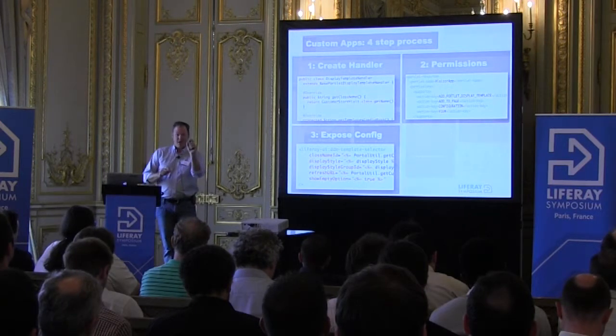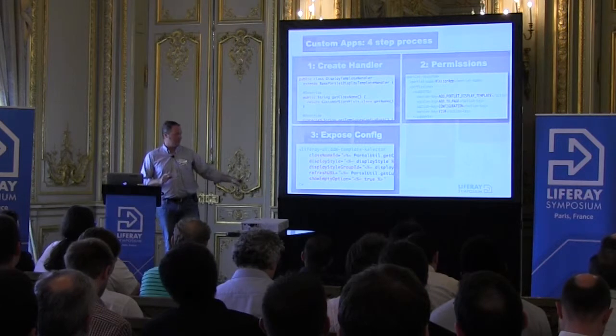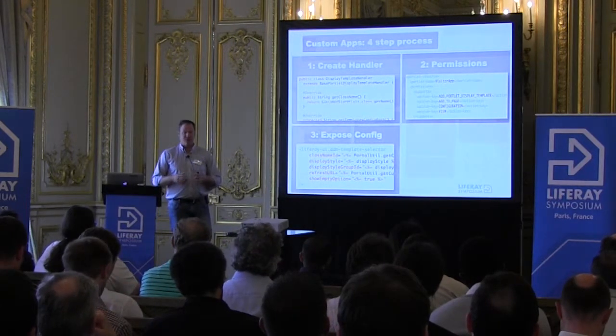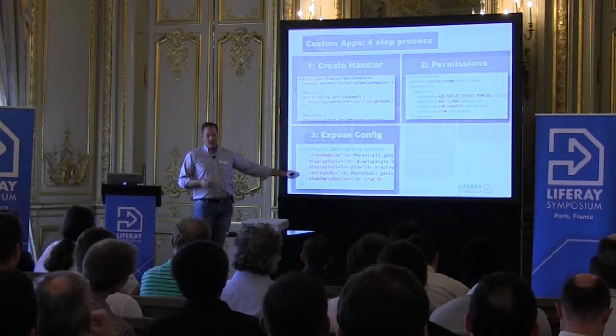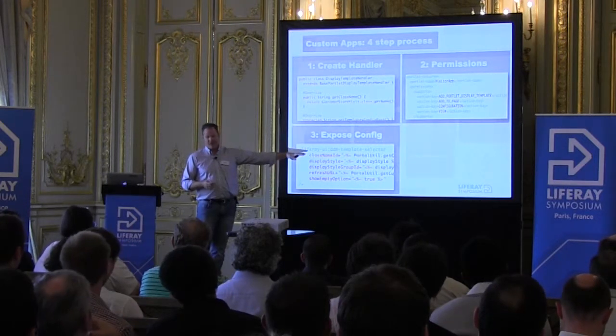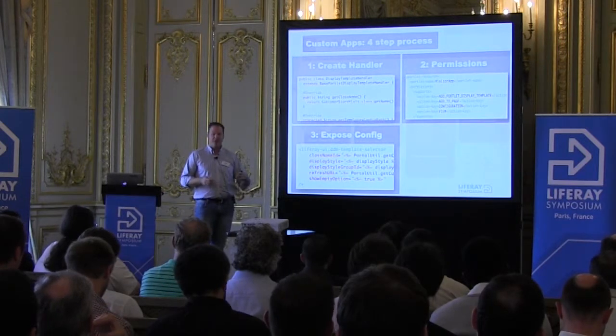Step 3 is to expose that configuration option. You remember that drop-down where you select which application display template you wish to use? That is driven by this. So you need a way for users to select which ADT to use. If you're using JSP technology, then you can use our built-in tag library for that selector, which in turn uses Alloy UI, which in turn uses HTML5.